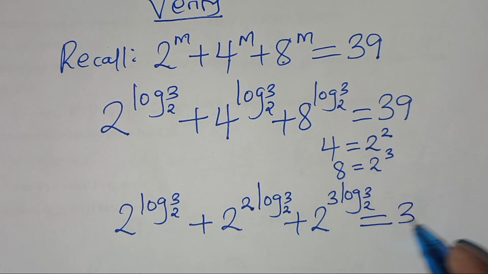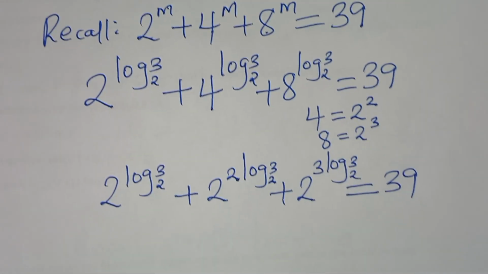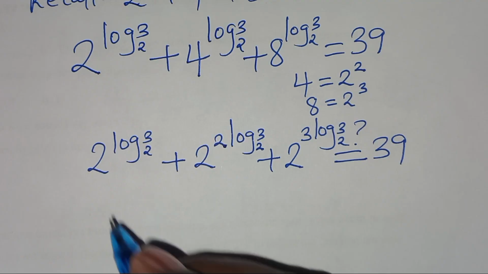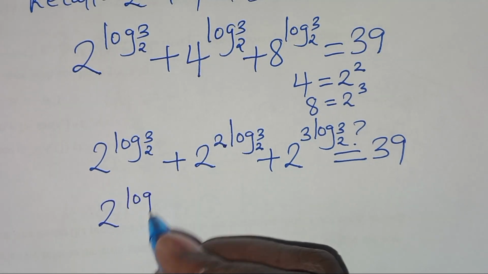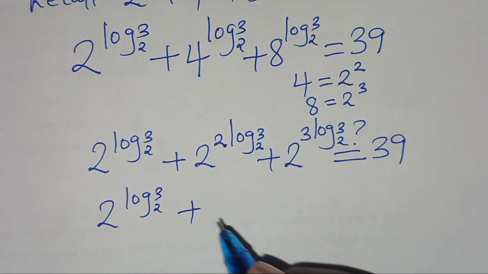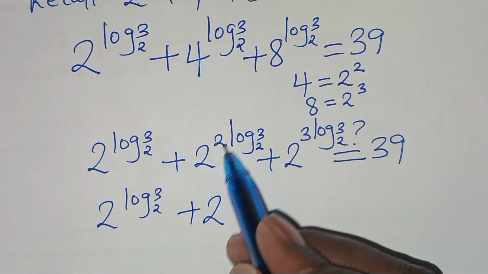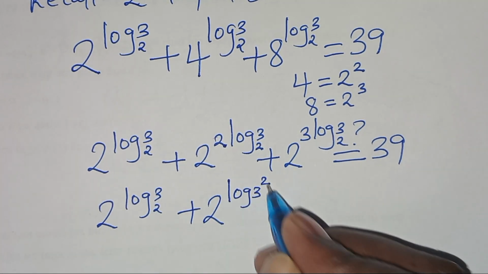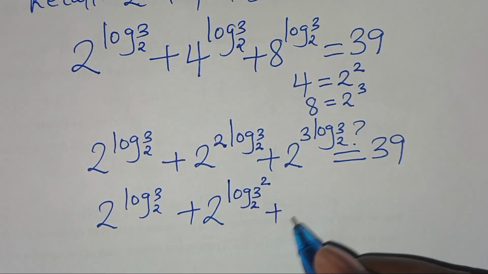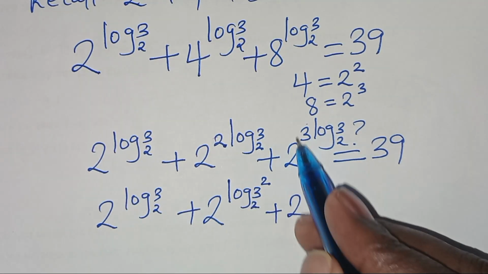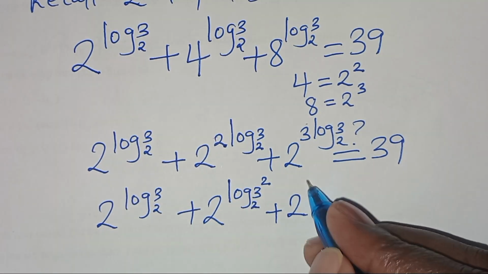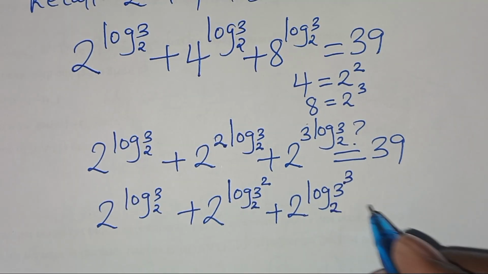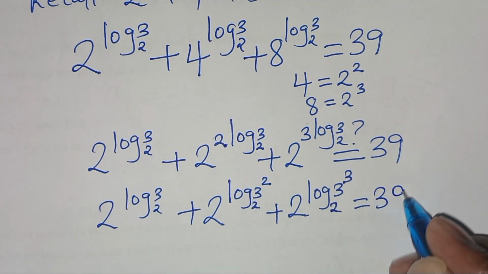This should give us a value of 39. Now 2 is a power here, so this is 2 to power log 3 squared to base 2, plus 2 to power, now this 3 is a power here, so we'll have log 3 cubed to base 2.